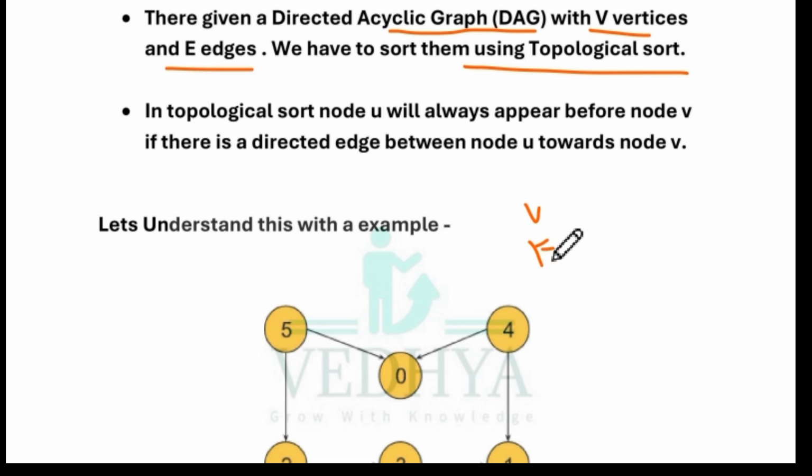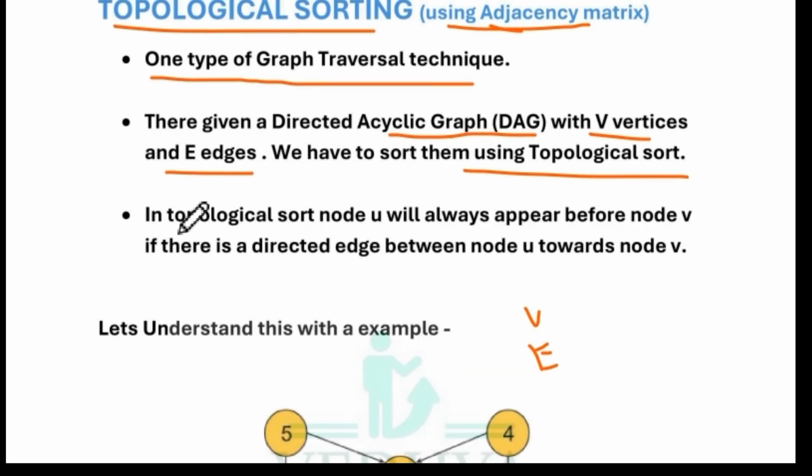Now in topological sort, node U will always appear before node V if there is a directed edge between node U and node V. That means node U is always before node V. Why?